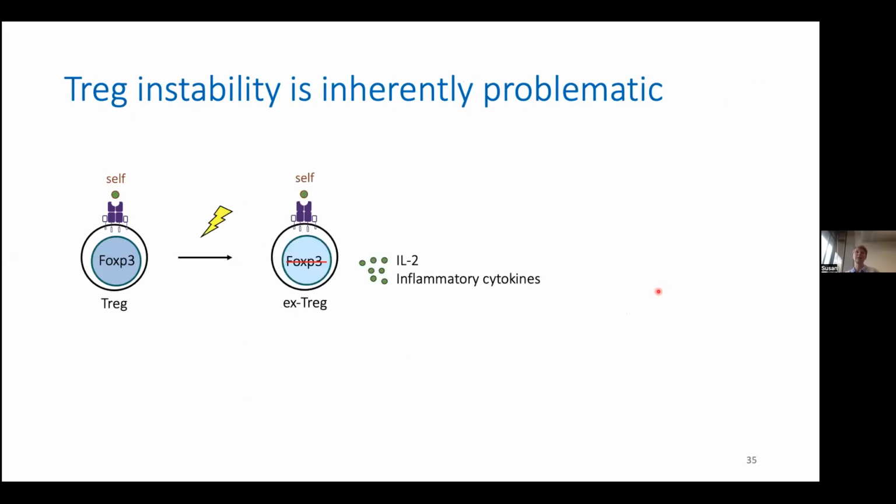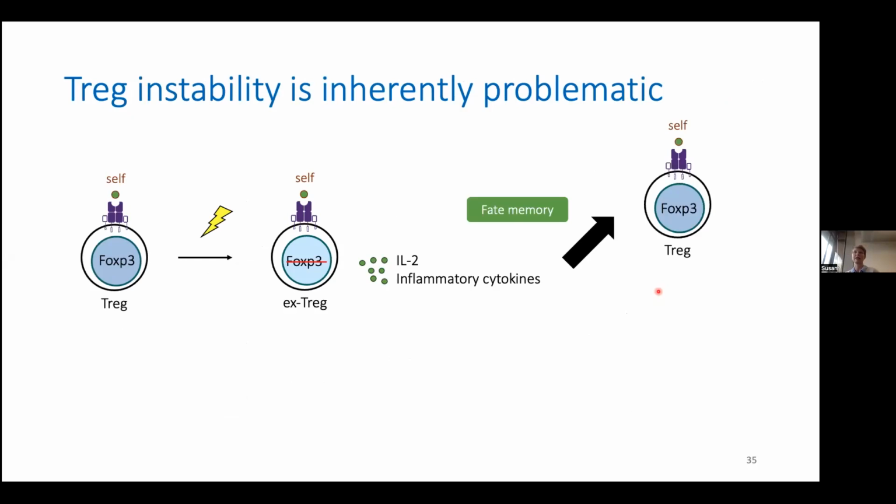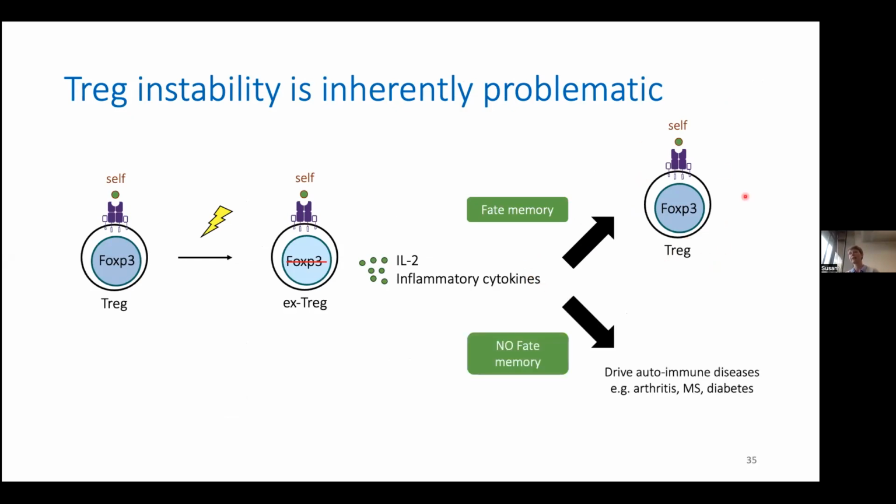They become very pro-inflammatory, and if they have fate memory, like the transient flexibility model suggests, at least in some circumstances, then there's no issue because they can lose FOXP3 and they can regain it.